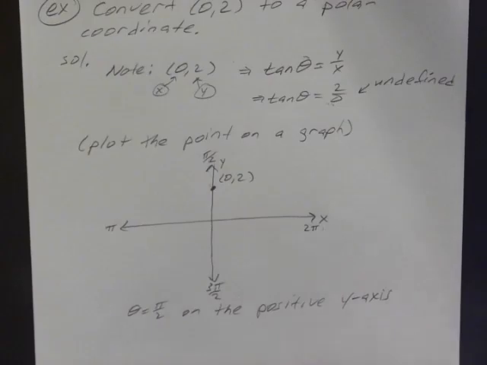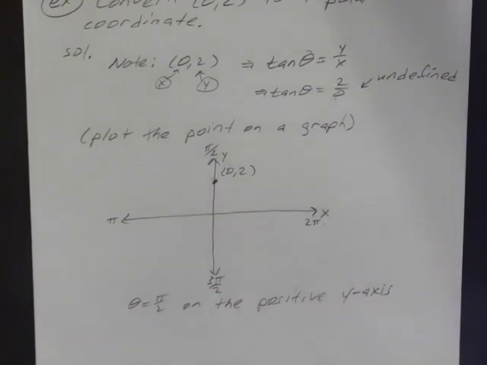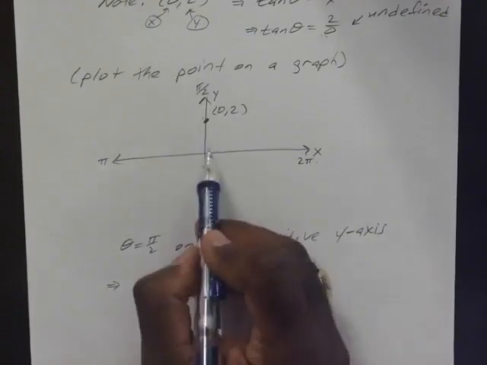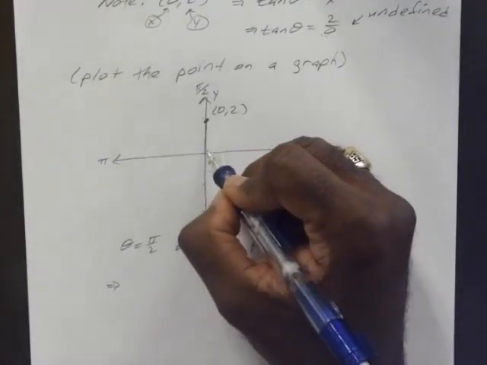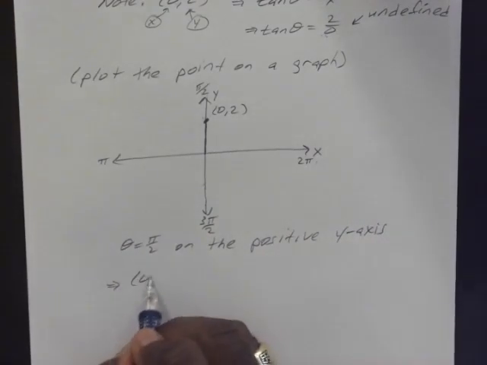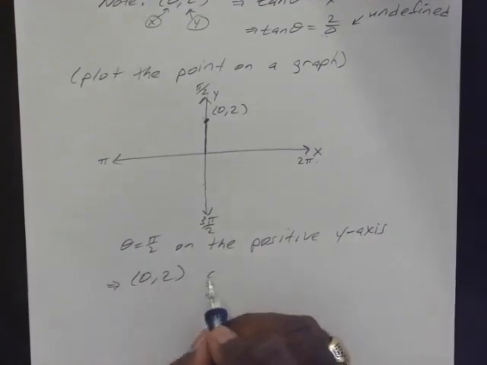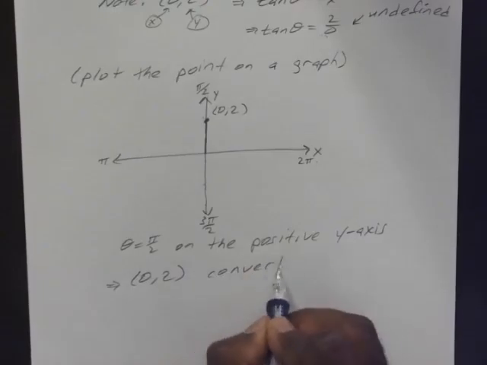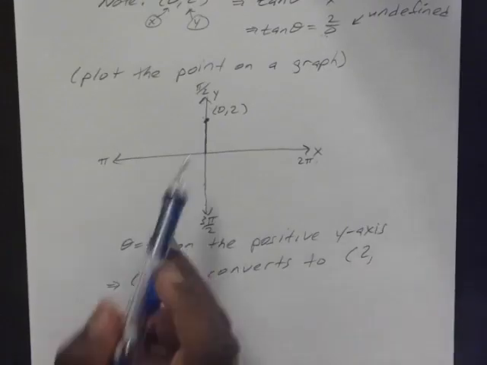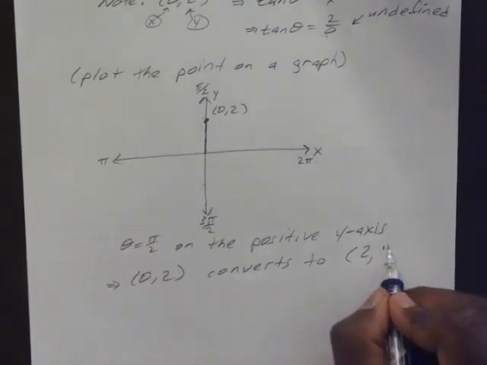Now, if it was 0, negative 2, then your theta would be 3 pi over 2. And the radius is, of course, just the distance from the origin, which is 2. So we know that the point 0, 2 converts to a radius of 2, and your theta is pi over 2.